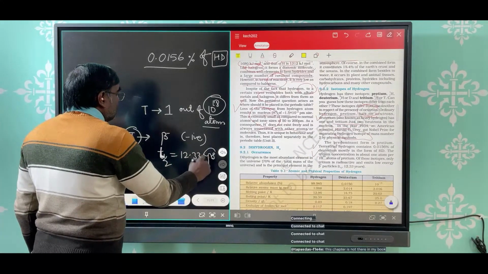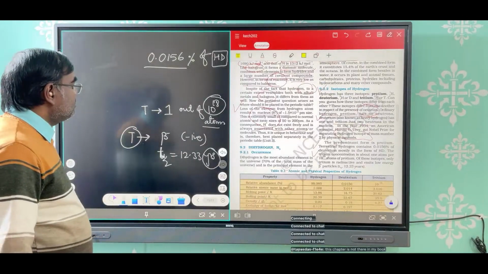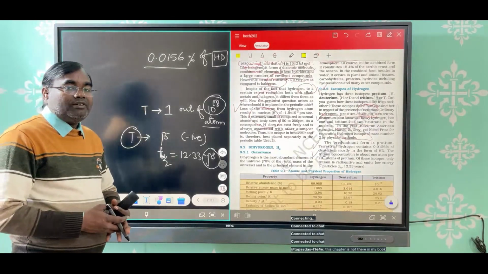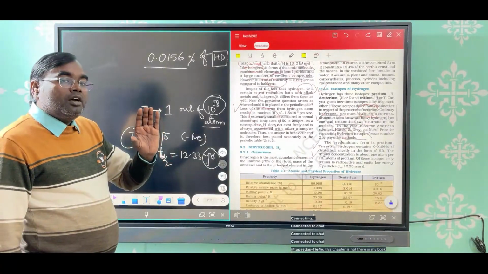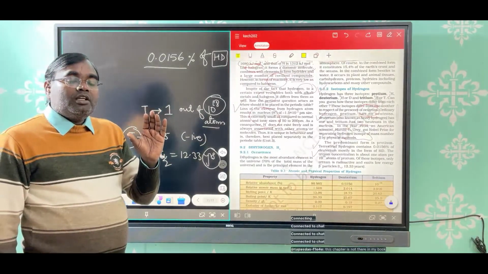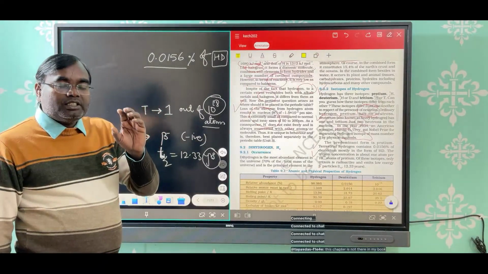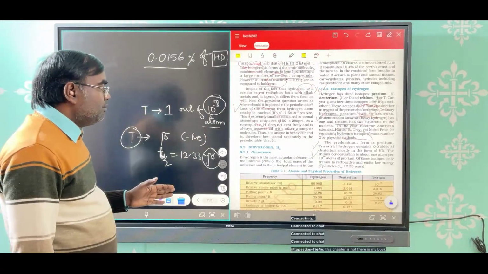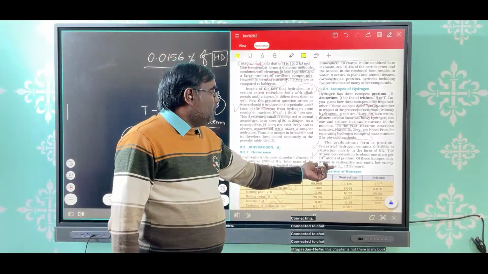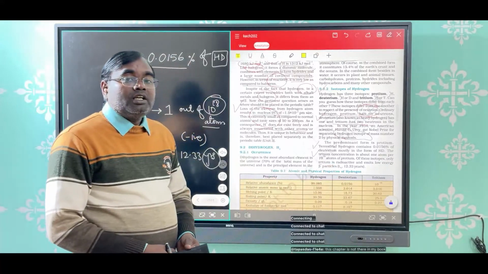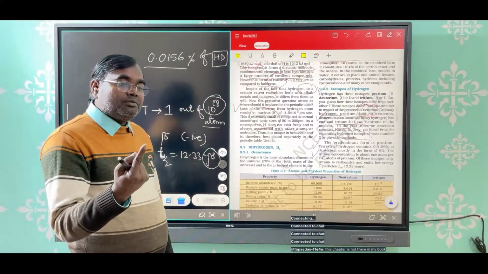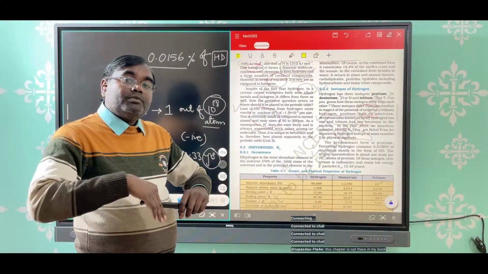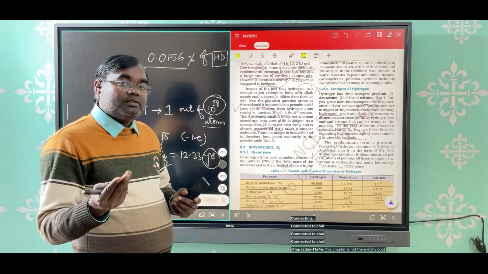What does it mean? Students, have you studied radioactivity, Becquerel rays and so on? There is a concept called half life, the time in which a radioactive element becomes half of its mass; the number of atoms becomes half in that time. So the half life of the radioactive element tritium is 12.33 years, meaning if it is 1 gram of tritium today, it will take 12.33 years to become half.